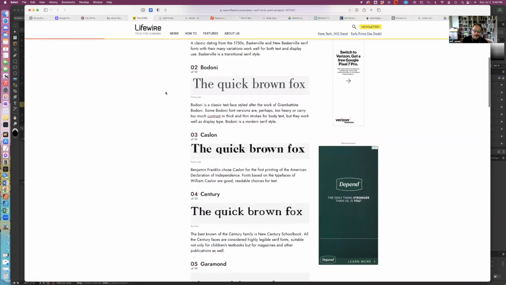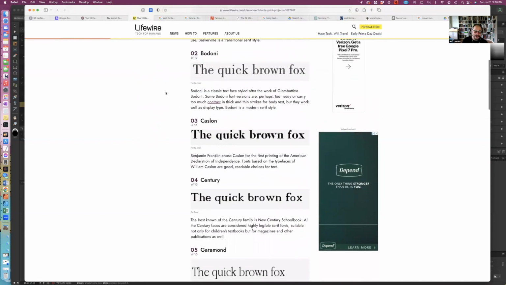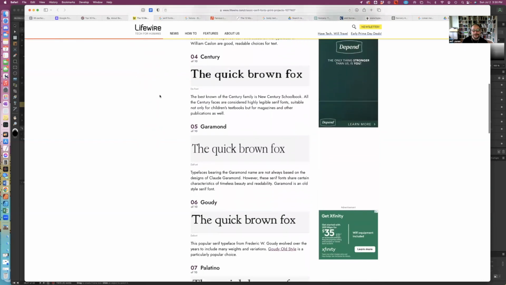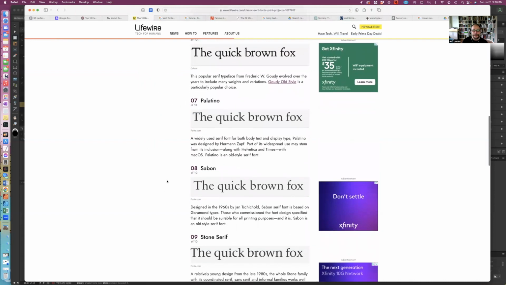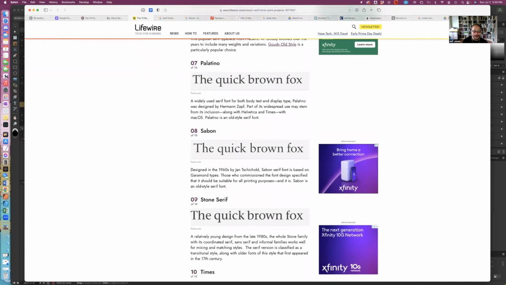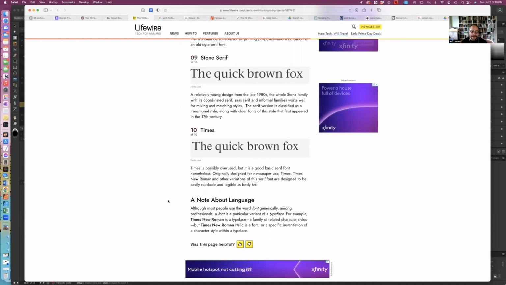Livewire gives their list: Baskerville, Bodoni, Caslon, Century, Garamond, Goudy, Palatino, Sabon, Stone Serif, and Times. So Times, and there's Times New Roman. I think one is more of a condensed font.